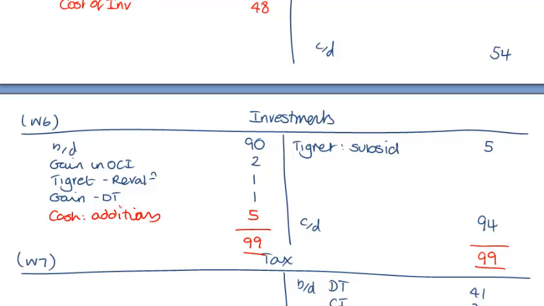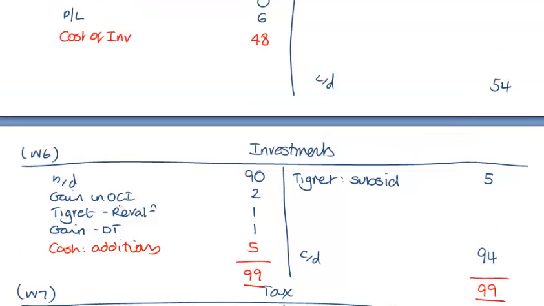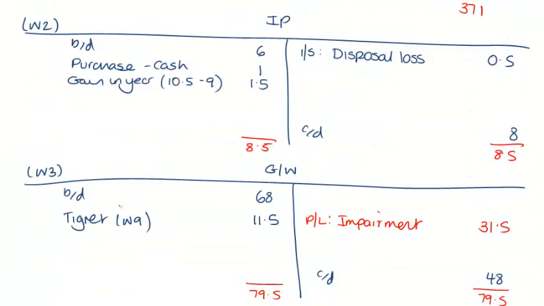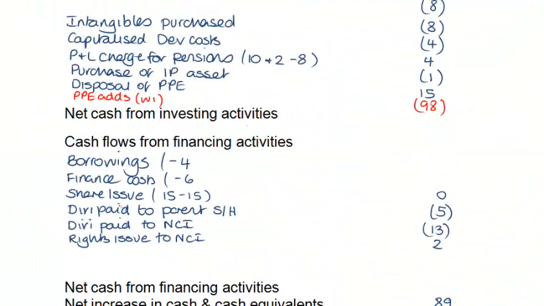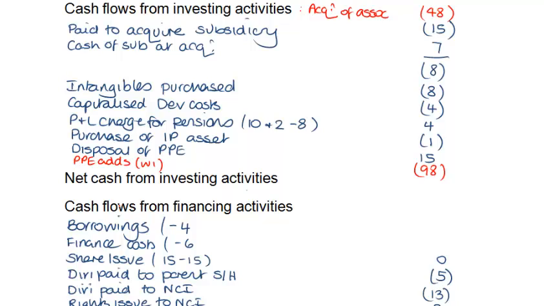So I'm going to show that as a cash expense in my investing section of the cash flow statement. Still very much running out of space here. Investments purchased, 5.